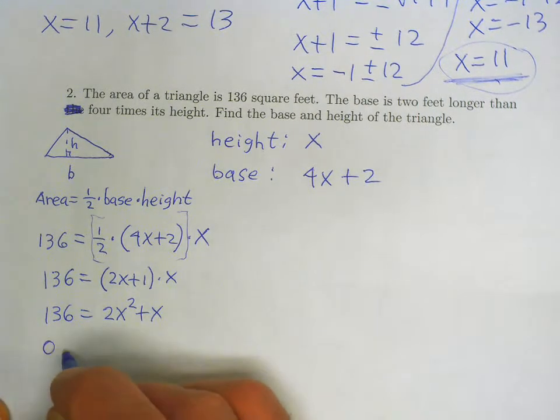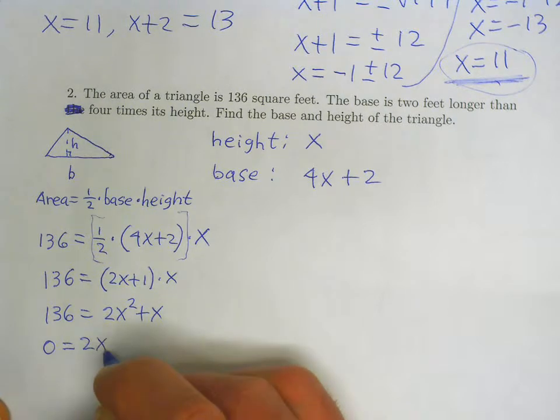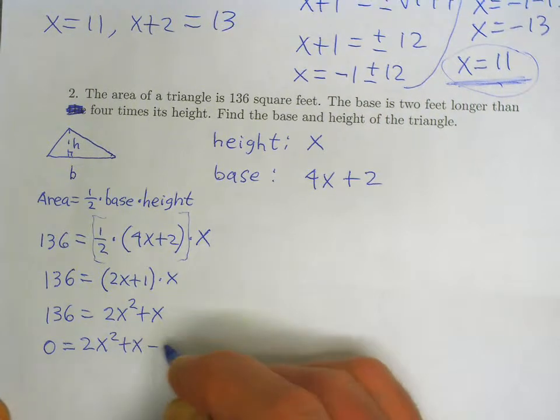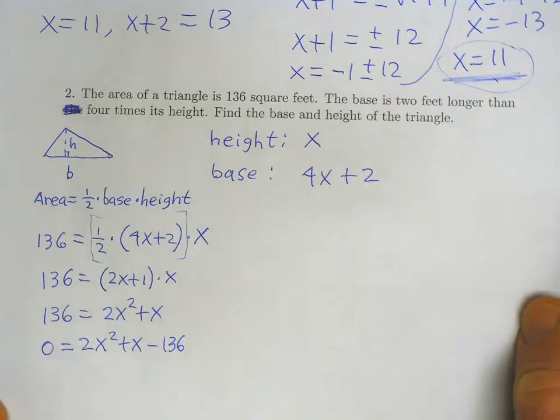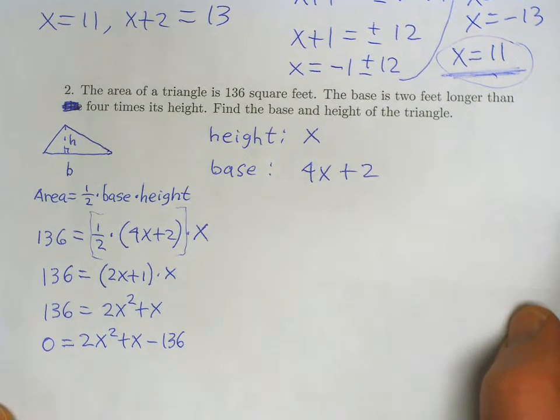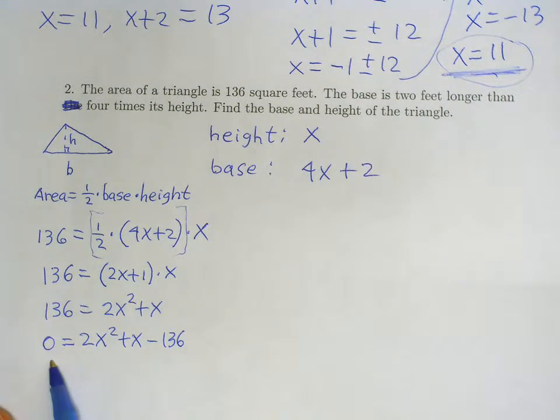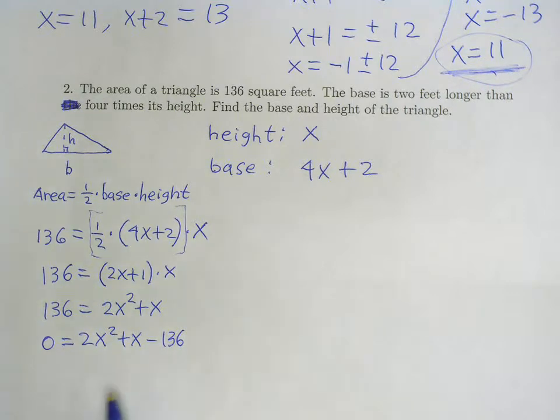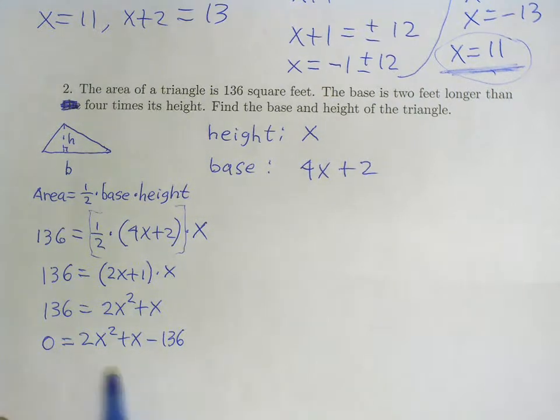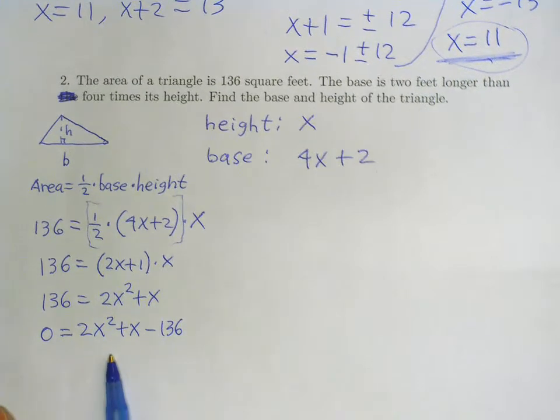So we get 0 equals 2x to the second plus x minus 136. Okay, well, it might not be that fun to use the completing the square method on this one because it involves fraction arithmetic. It can still be done, but let's use the quadratic formula on this one.